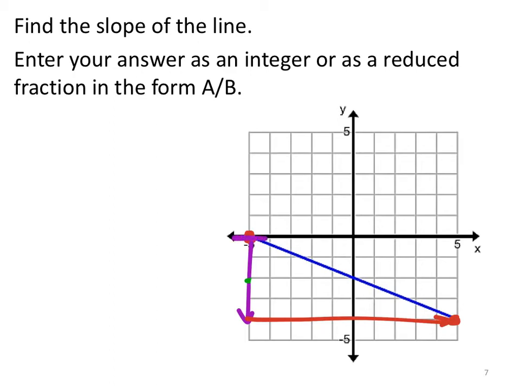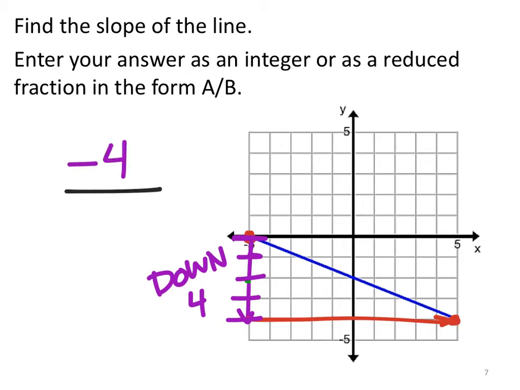So I started at the point right here, and it does go down, by the way, so we'll identify it's going down, which is going to make the numerator negative. How far down does it go? Well, 1, 2, 3, 4. It went down 4. All right, so in my fraction, I can already put my numerator. Down 4 means it's a negative 4.